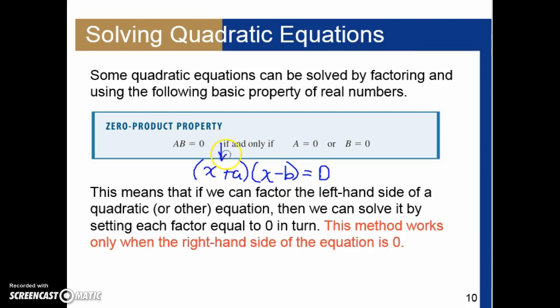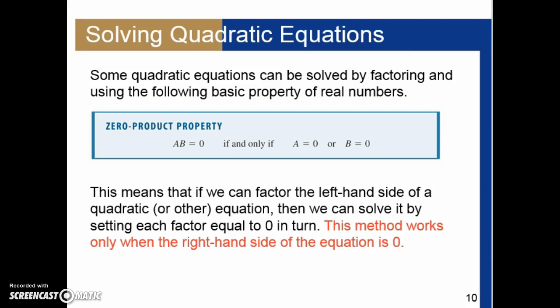Either this factor equaled 0, or this factor equaled 0. It's the only way I can get a product of 0, or they both did at the same time. They were both 0. And that's where the word or comes in. It's not that and that. It is this factor equals 0 or that factor equals 0. It's the only way I got 0 as a result out of all that.